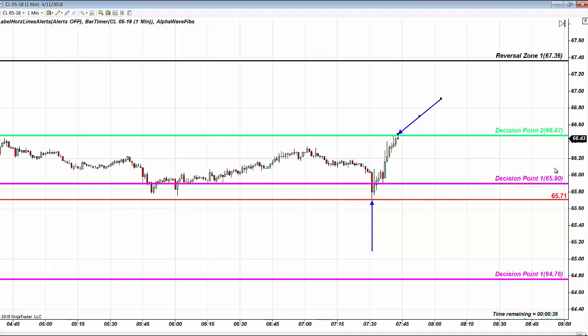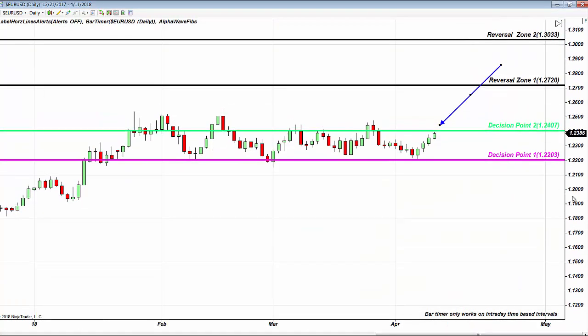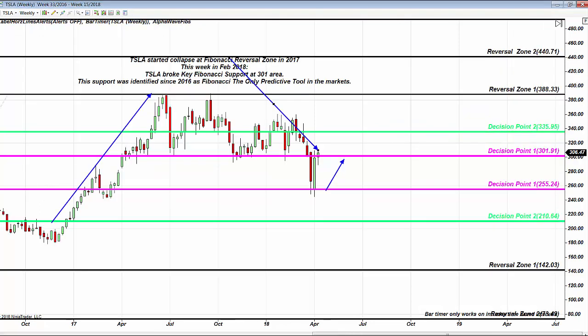The only last obstacle left, this Fibonacci resistance. And that's the exact same level where you've been sitting for months. And that's the exact same level that's in play currently on Tesla next.